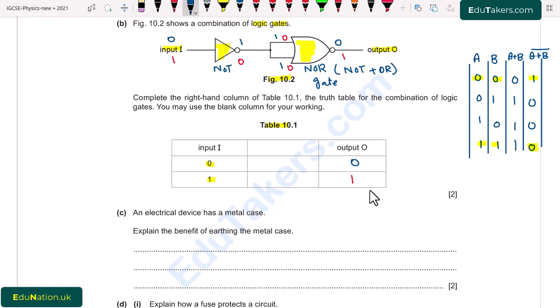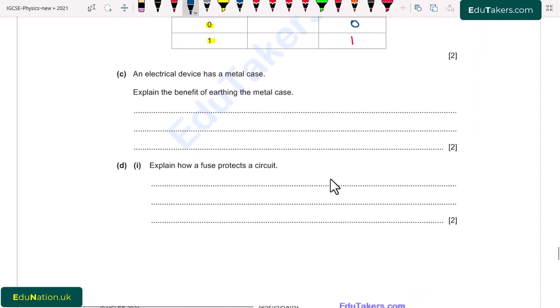Next part, C. An electrical device has a metal case. Explain the benefit of earthing the metal case. So there are many benefits of earthing the metal case, and in case when the live wire touches the metal case, then the earthing prevents electrocution.